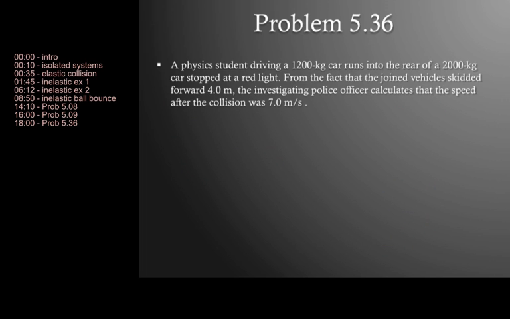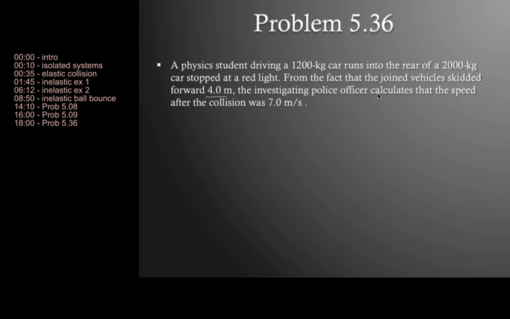All right, so in this final problem, we're looking at a physics student driving their car, who has an accident with a bigger car, which is stopped at a red light. After the wreck, the wreck moved 4 meters.